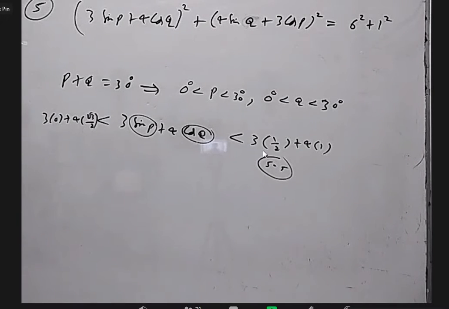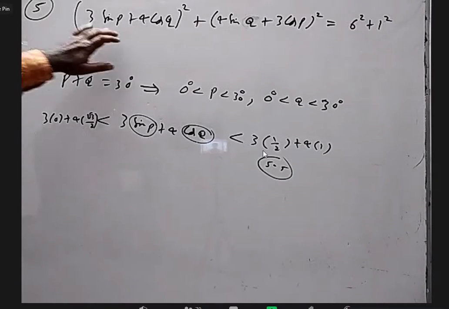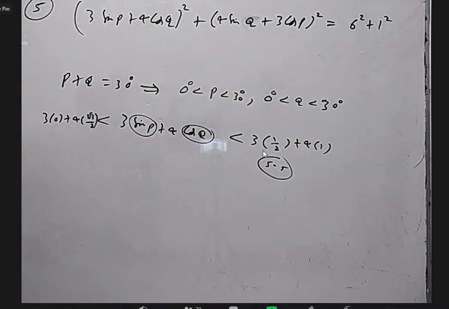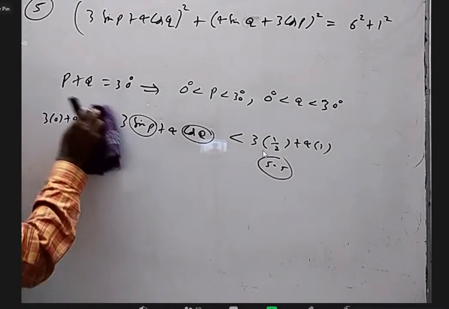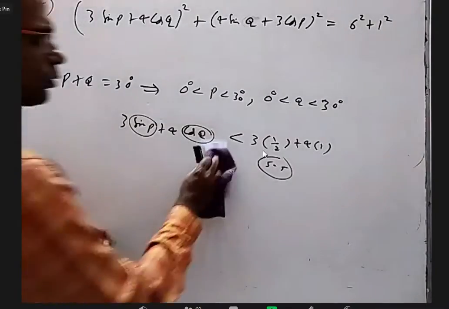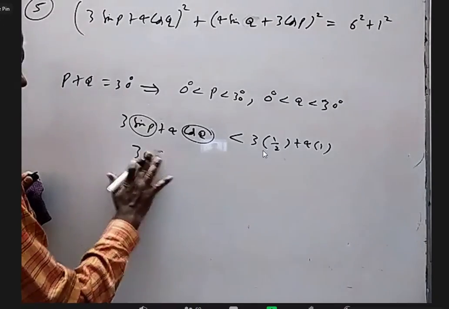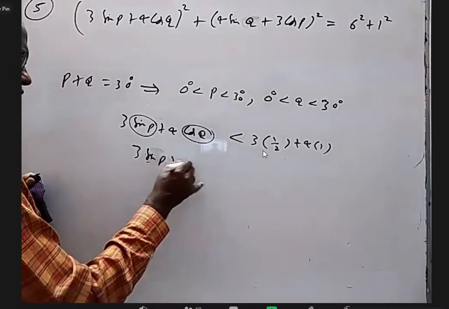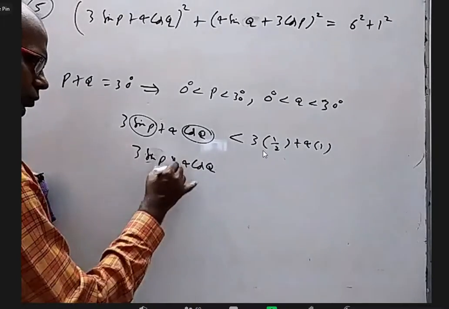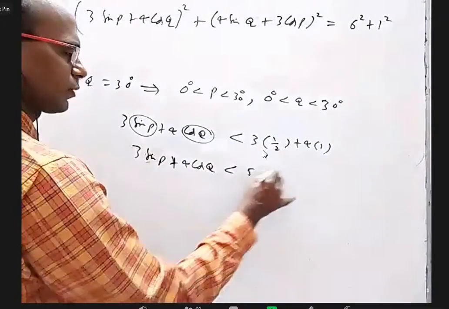So that's good. When P plus Q is 30, this cannot reach 6, because the maximum will be 5.5 only. In fact, the lower side you don't have to write. So we can write 3 sin P plus 4 cos Q is less than 5.5.